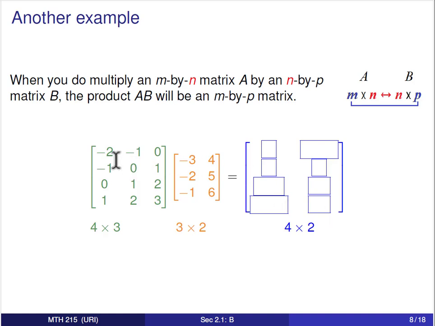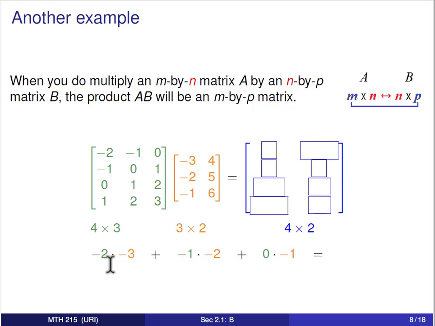Now, hopefully you've done this already, but if we just march through, for the first row, first column entry, we would use the first row of the left-hand matrix, the first column of the right-hand matrix. We'd get -2 times -3, -1 times -2, and 0 times -1. And that gives us 6 plus 2 plus 0, producing 8 as the number that goes out there.